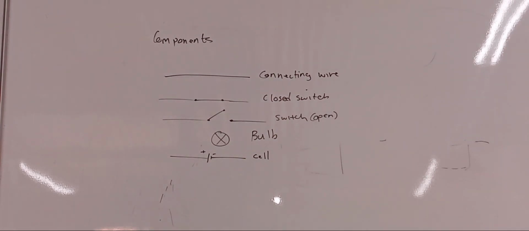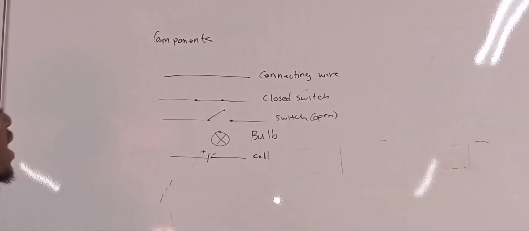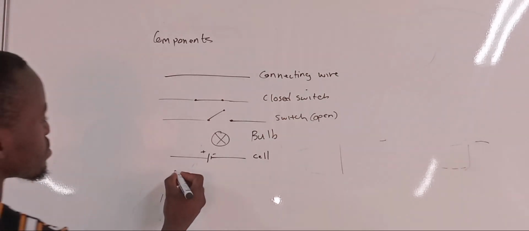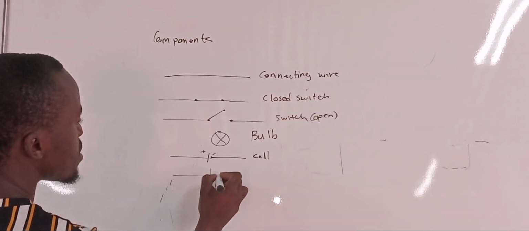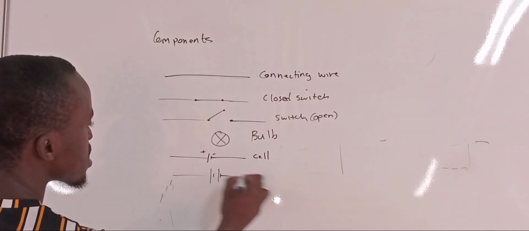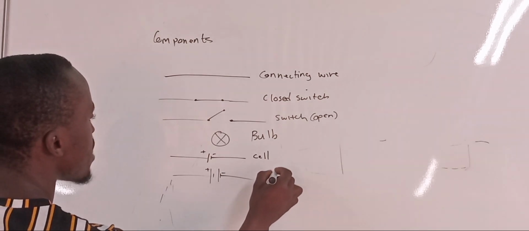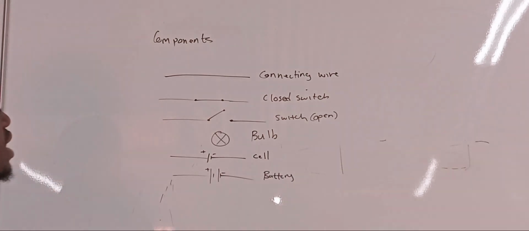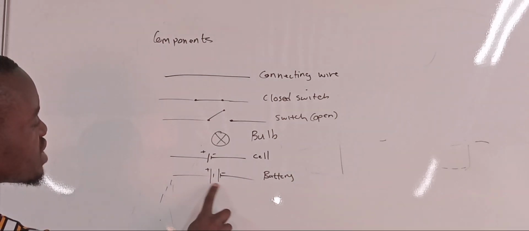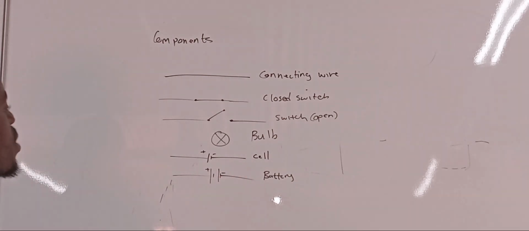So this is a cell, it's not a battery, because we have one positive terminal and one negative terminal. Then something that looks like this, positive terminal, negative terminal, is known as a battery. What's the difference between a cell and a battery? In a battery, we have two positive terminals and two negative terminals, the smaller ones.